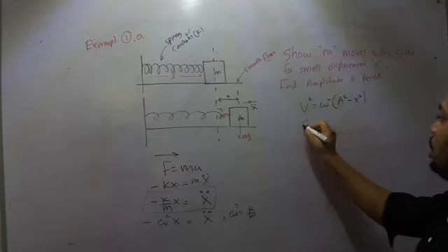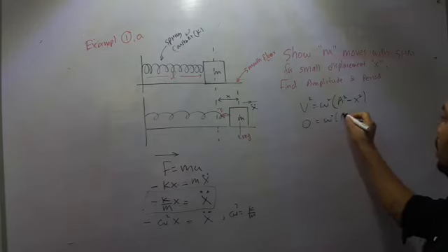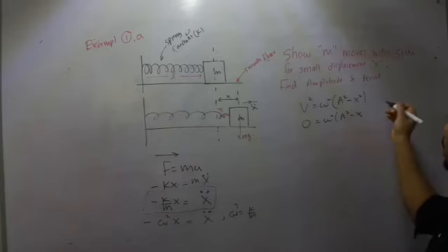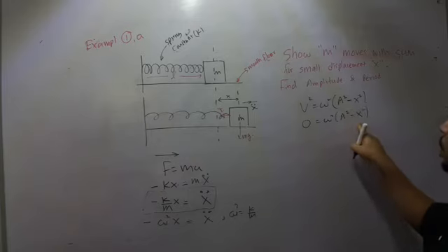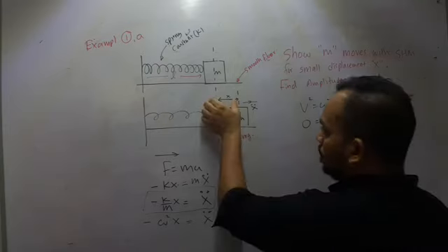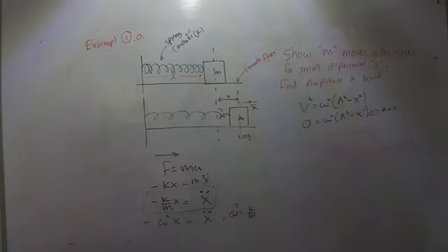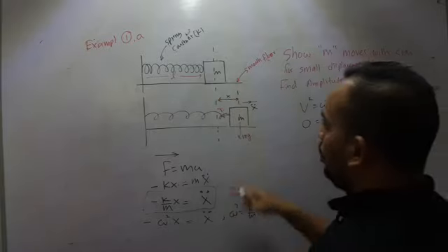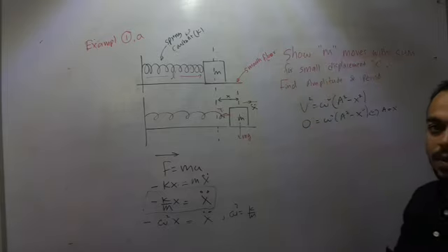So velocity is 0, and 0 equals omega squared times a squared minus x squared. Now this implies a equals x. So this small displacement x is also the amplitude in this case. Now in a problem this x will be given.